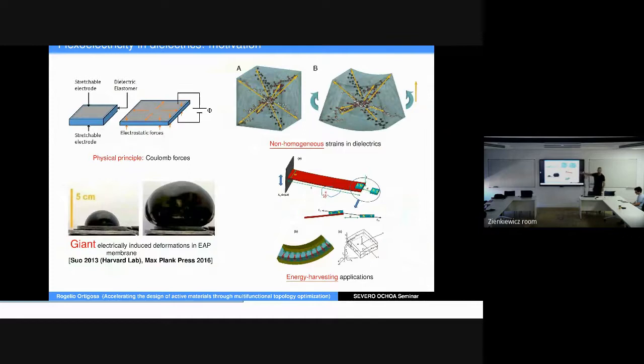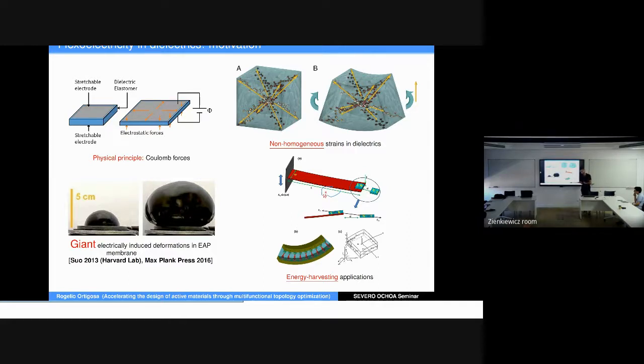So dielectric elastomers, I don't need to present you this like before, because I already presented these two pictures. What I wanted to tell you is that dielectric elastomers do not exhibit piezoelectricity. I'm going to explain this in a very informal way. So basically, you apply deformation, and a dielectric elastomer is unable to generate electric field, all right?